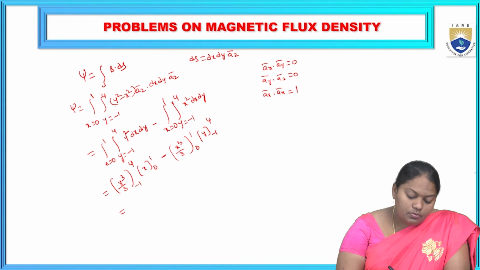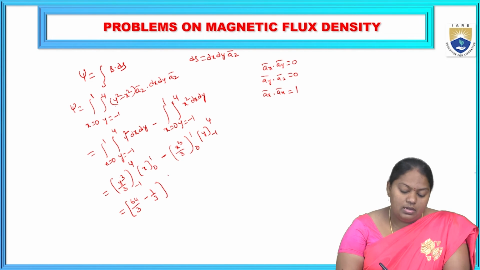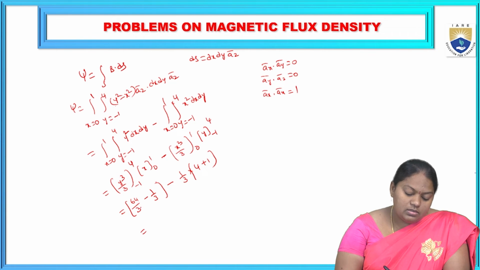Which is equal to 4 cube as 64 by 3, minus 1 by 3 into 1 minus 0 as 1, then minus 1 by 3 into, substituting 4, minus of minus 1 becomes plus 5. Then 64 by 3 minus 1 by 3 becomes 63 by 3 minus 5 by 3.